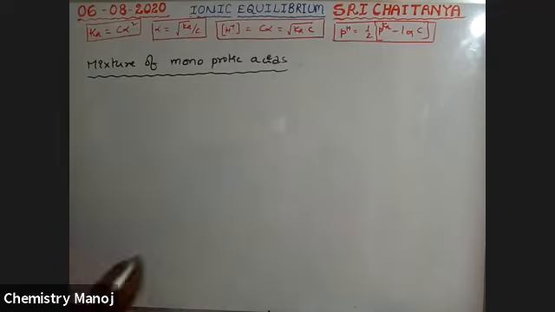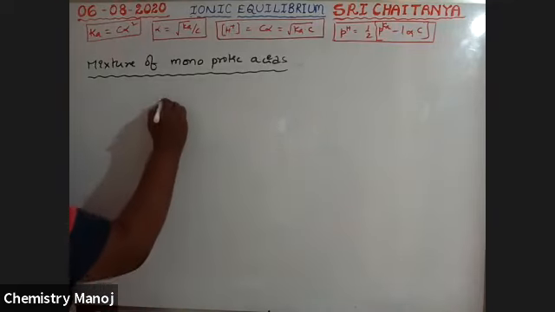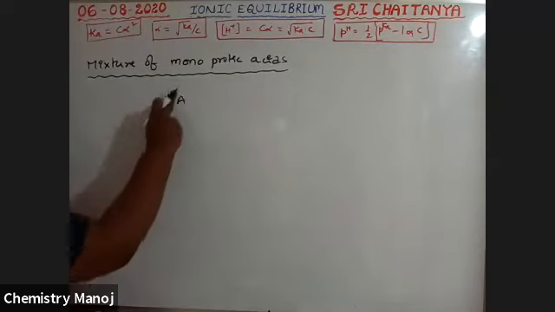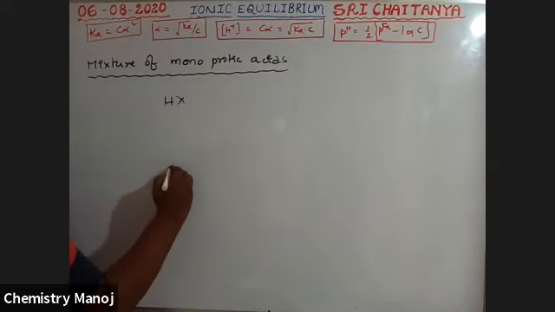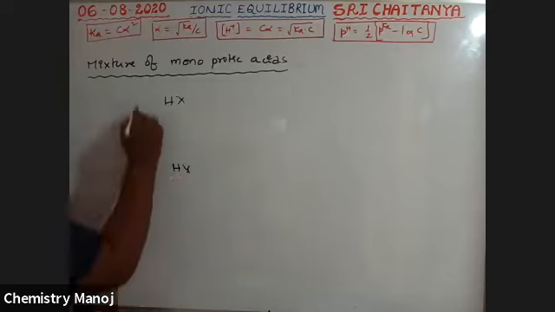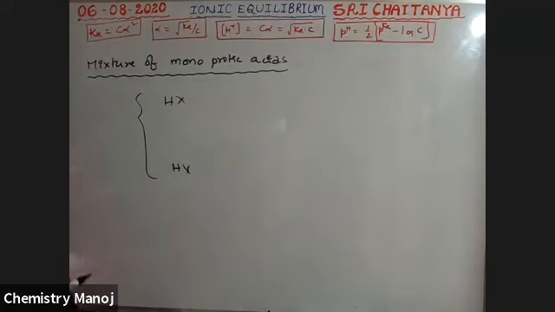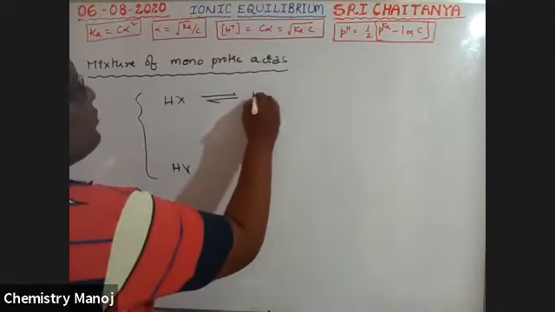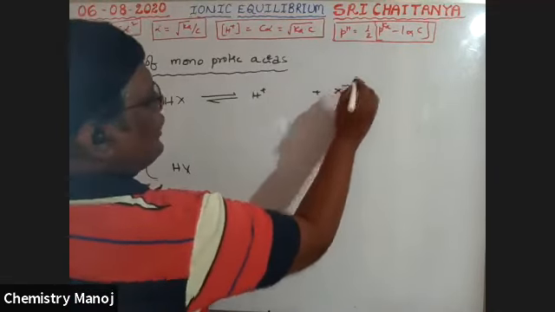So see boys, let one of the monoprotic acids be HX, and the other HY. These two are mixed. So HX is dissociated into H plus ion and X minus ion.